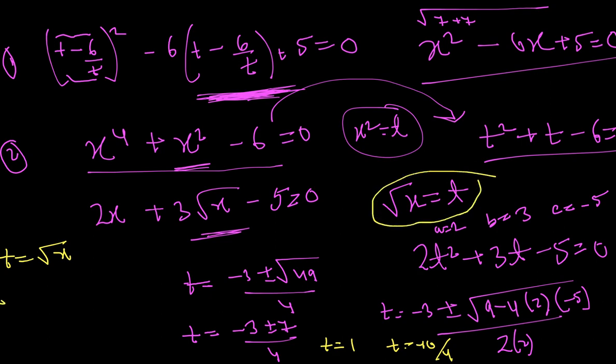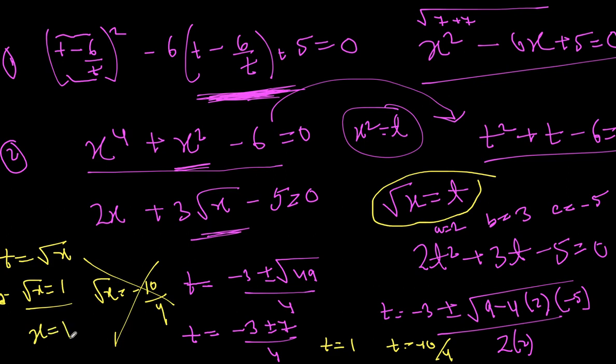So under root x is equal to 1, and the second time under root x is equal to minus 10 over 4. This we will reject, because under root will never give you a negative. Now for the first one, if you take the square on both sides, you get x is equal to 1. So this is your final answer, which will satisfy this quadratic equation.